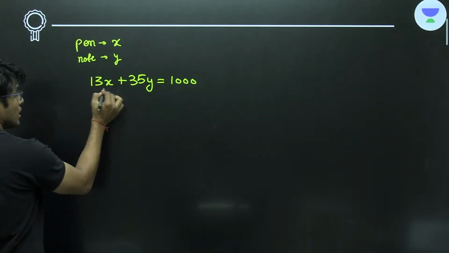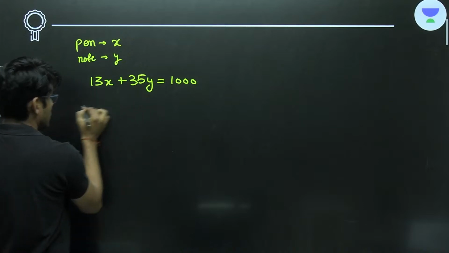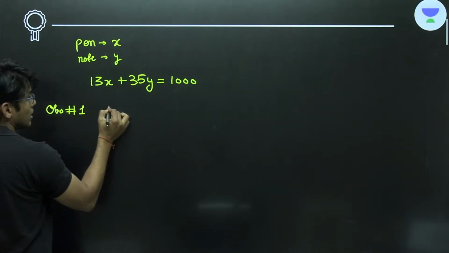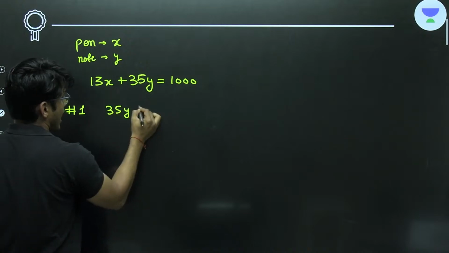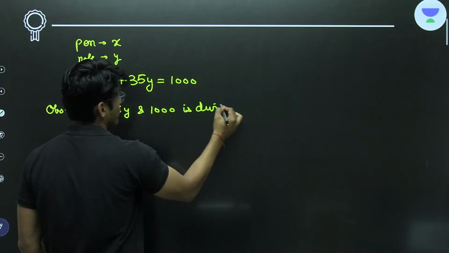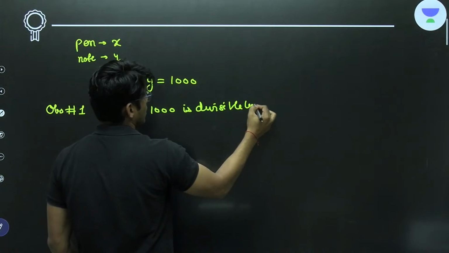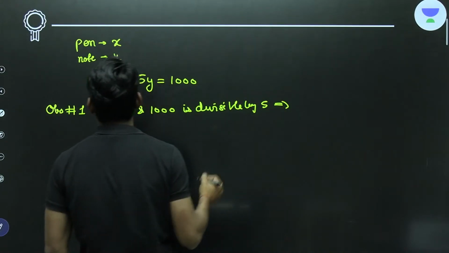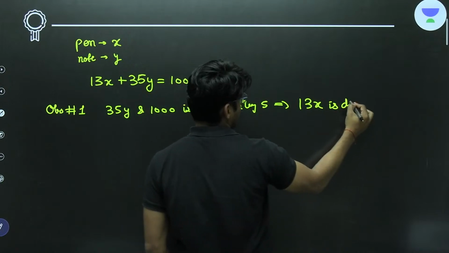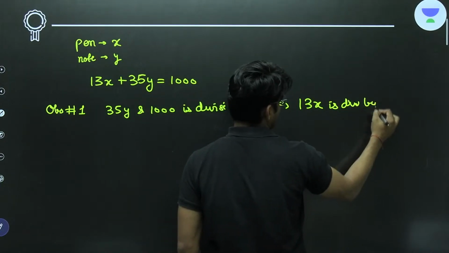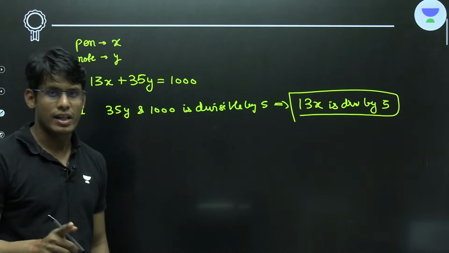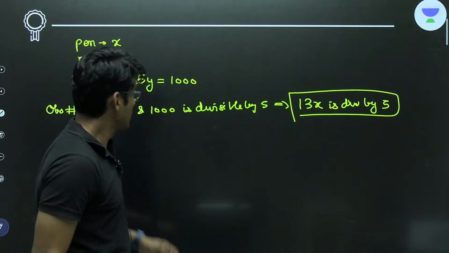Can you see observation number 1? 35y and 1000 are divisible by 5. It implies 13x is divisible by 5. This is a very, very interesting conclusion.